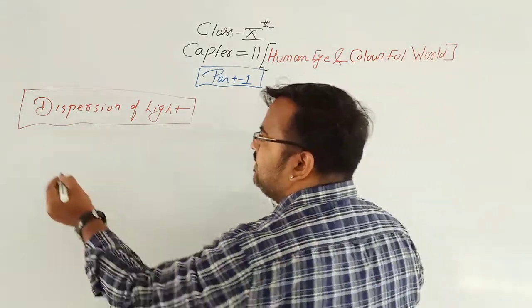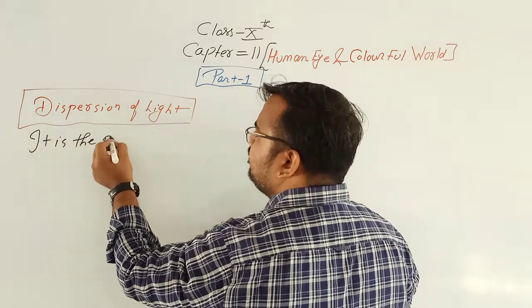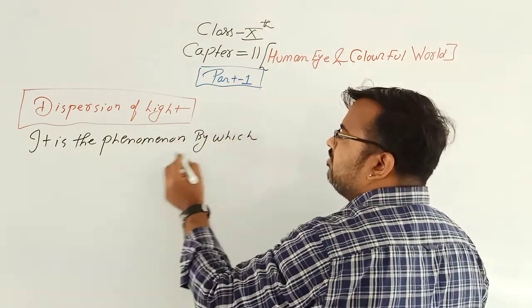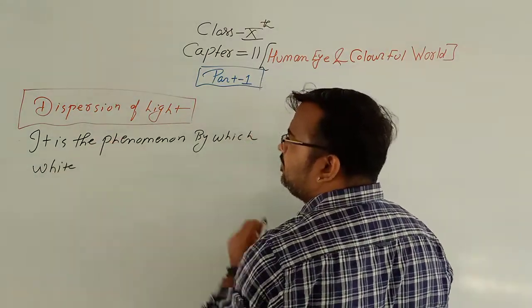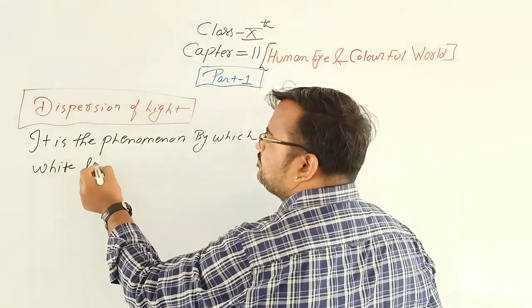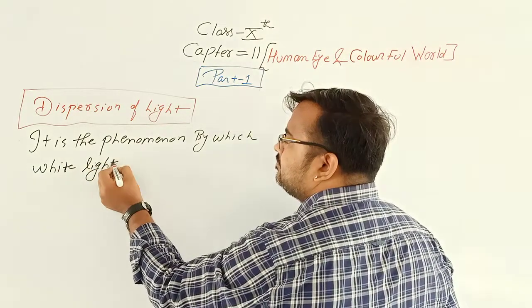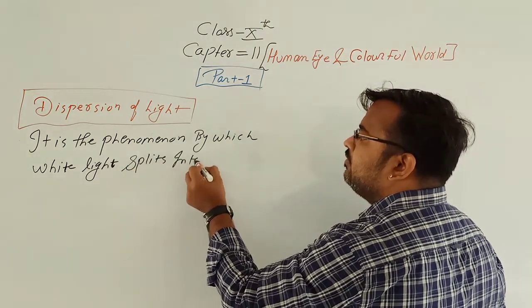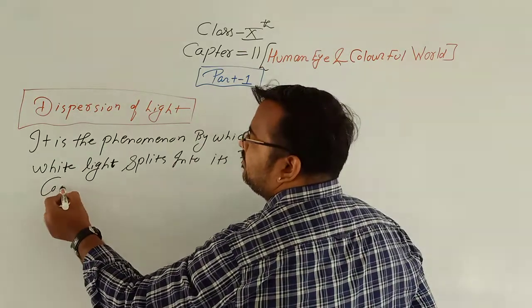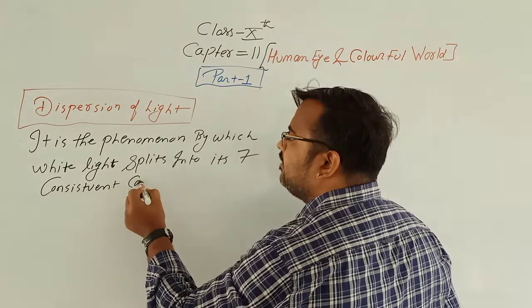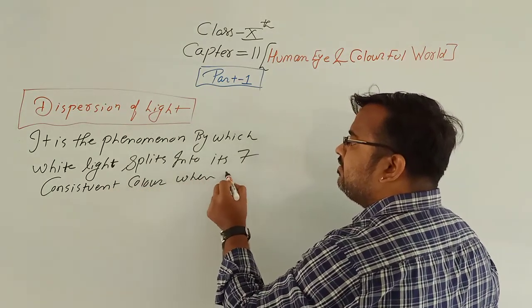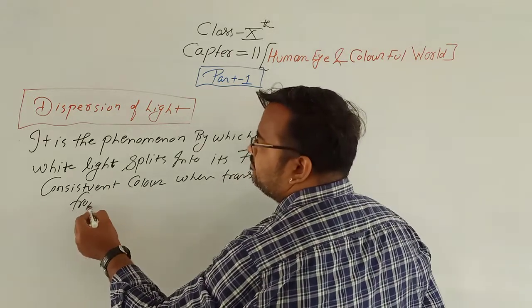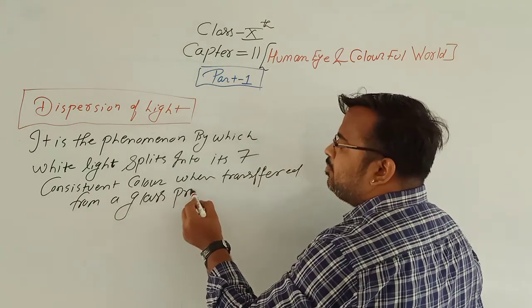It is the phenomenon by which white light disperses or splits into its seven constituent colors when transferred from a glass prism.